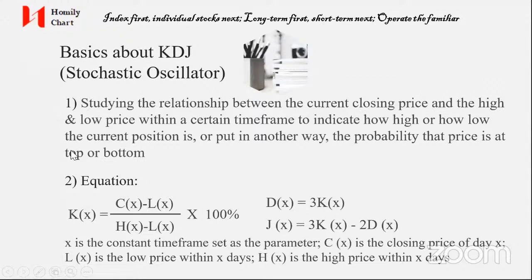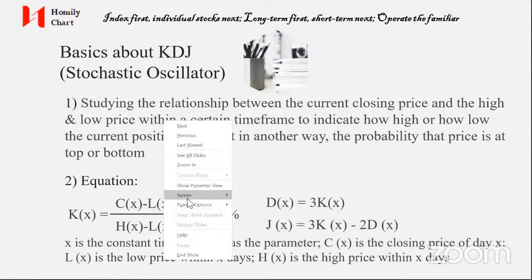And how is KDJ calculated? This is the equation here. Let's check X here. X is the constant time frame set as the parameter. Just now I showed you the KDJ; you check the value in the bracket, that is 14.